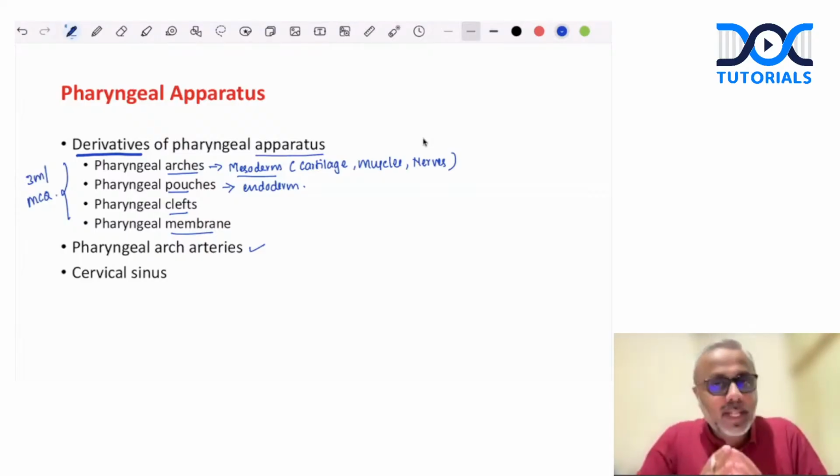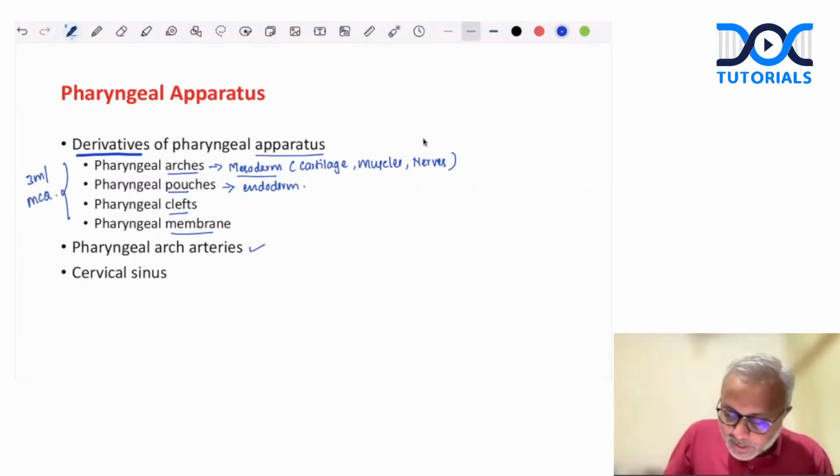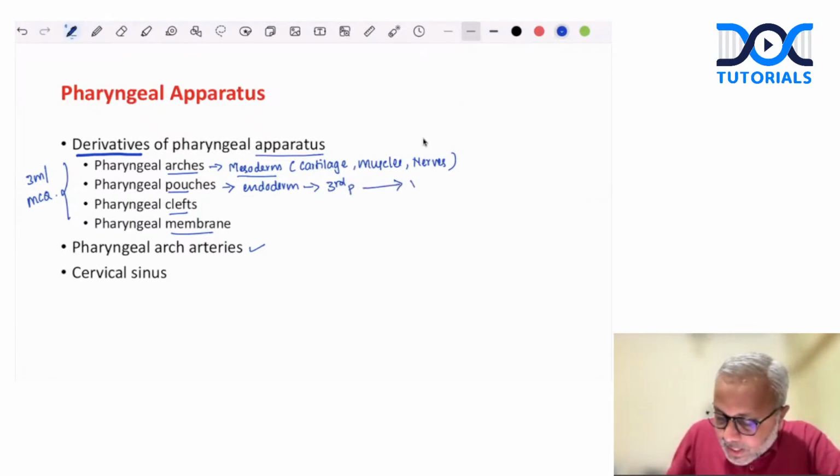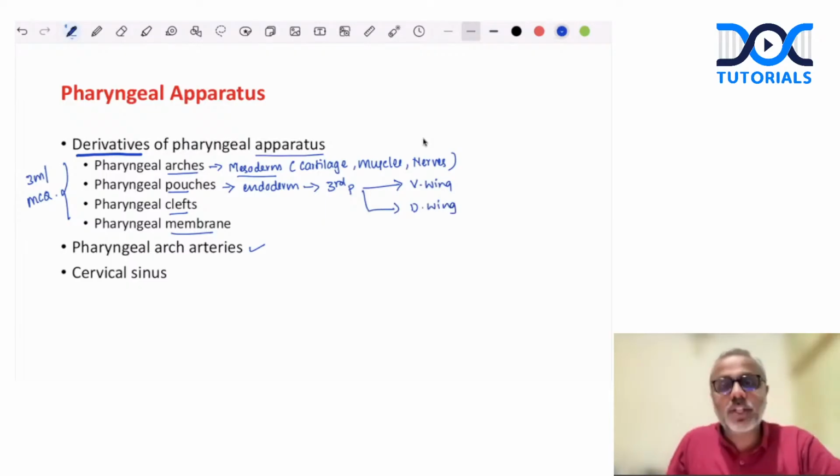Now, just to give you an example, let's say we are talking about the third pharyngeal pouch. The third pharyngeal pouch has a ventral wing, and it has a dorsal wing. Now, what structure comes from the ventral wing?